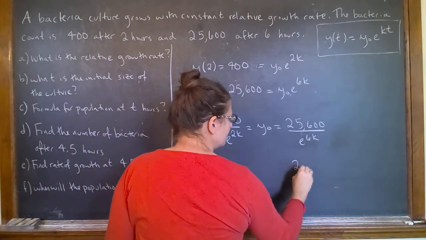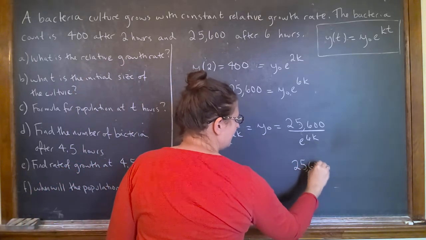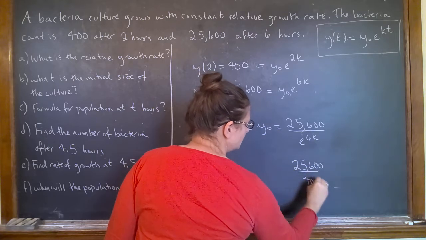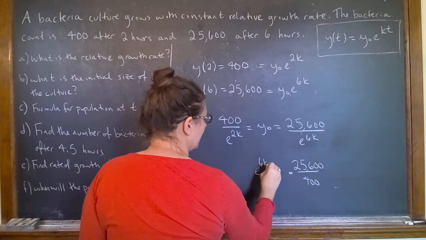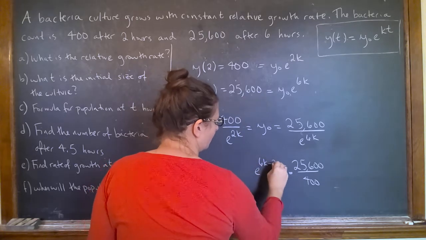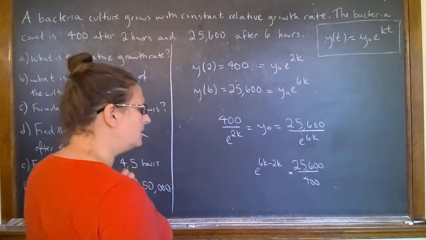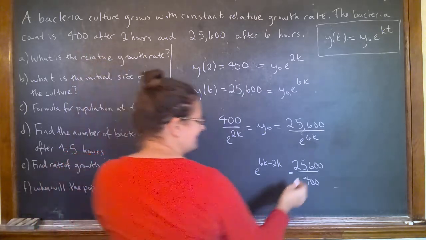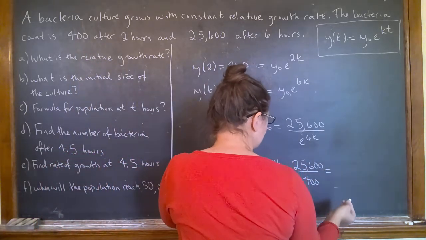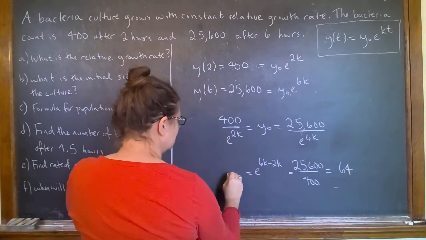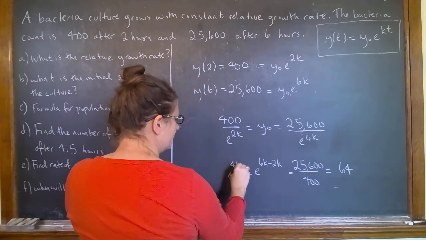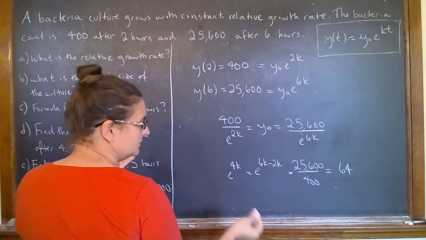I end up with 25,600 over 400 here, and this should be e to the 6K over e to the 2K, or e to the 6K minus 2K. So what's 256 divided by 4? It's 64. And this is e to the 4K. So e to the 4K equals 64.